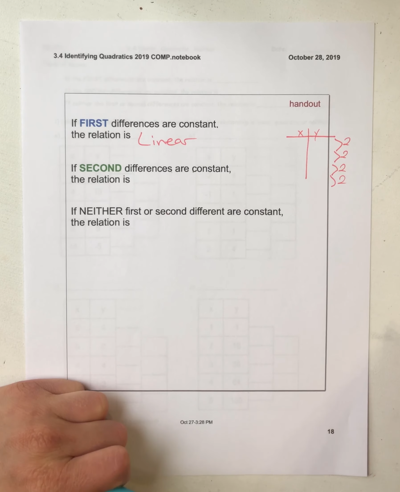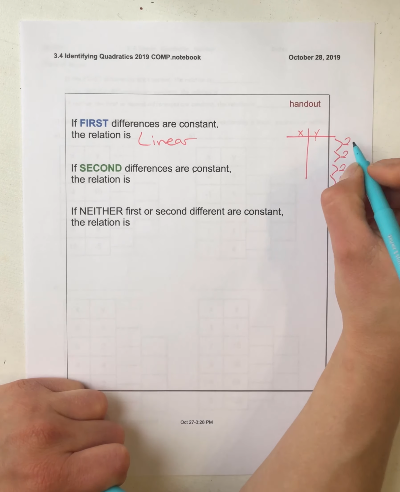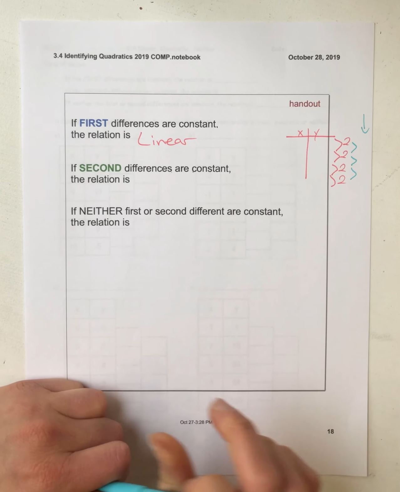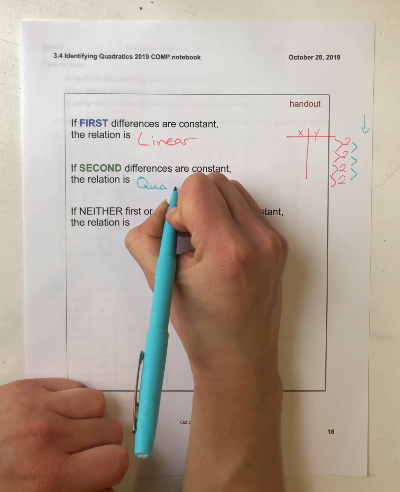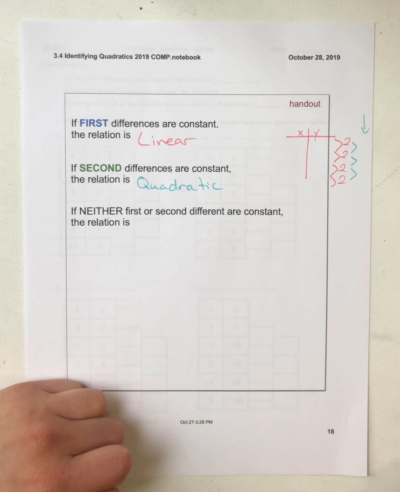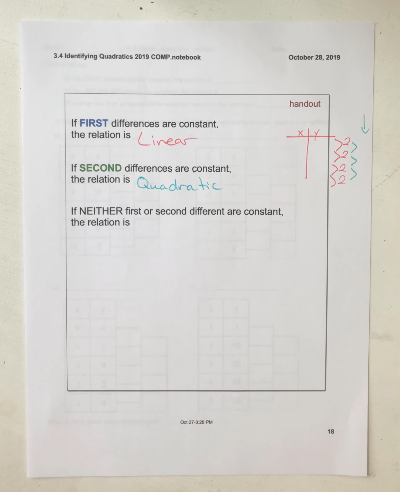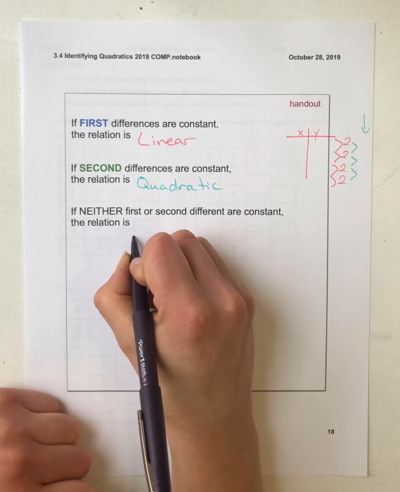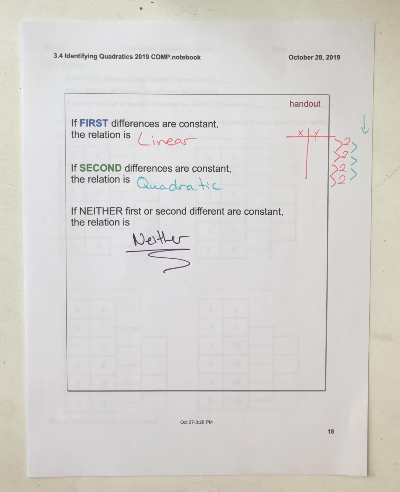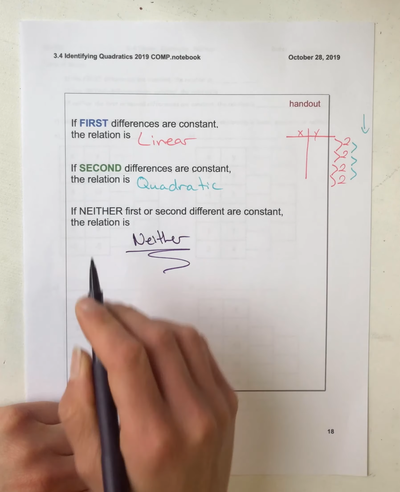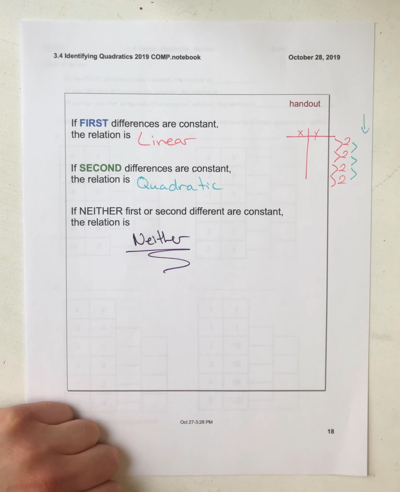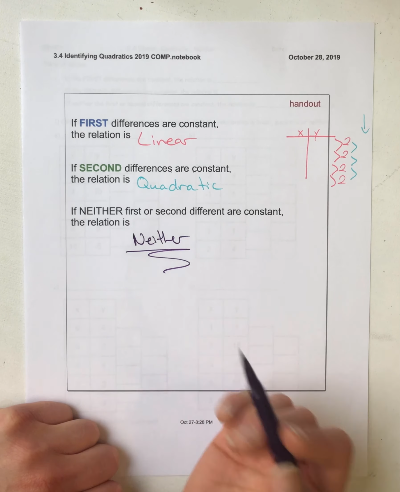If our second differences are constant, it means that it is a quadratic. If neither first or second differences are constant, that means that it is neither. So if the first ones are the same, it's a straight line. If our second ones are the same, it is a quadratic. If neither of them are the same, our answer is neither.